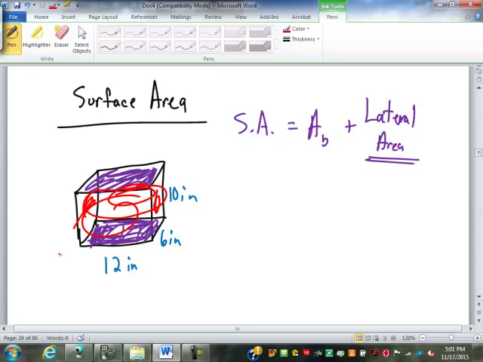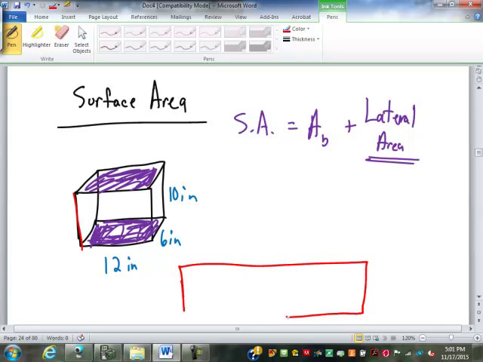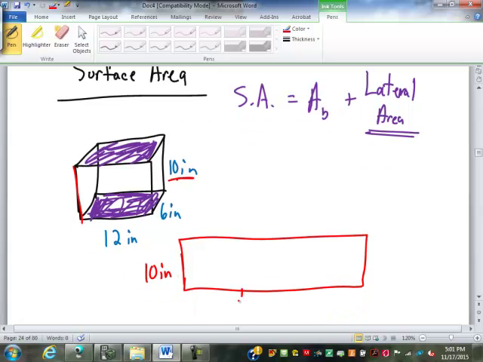To find that area, think of it like finding the area of the walls of the room. You could find each wall separately, or you could cut this corner and fold all the walls out. The height is still going to be 10 inches here. But the length, well, I'd have 12 inches, and then 6 inches, and another 12 inches, and another 6 inches, right? 12, 6, 12, and 6.